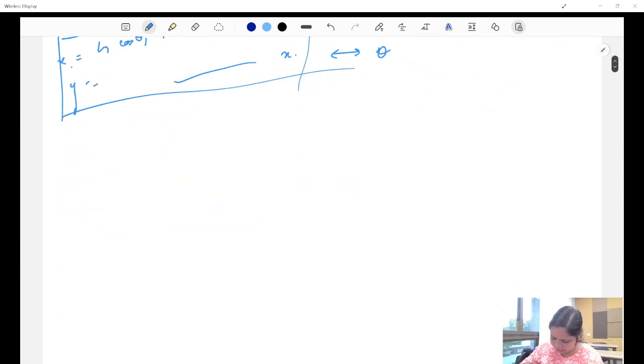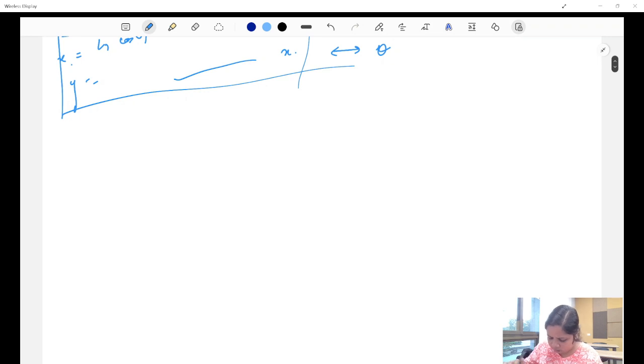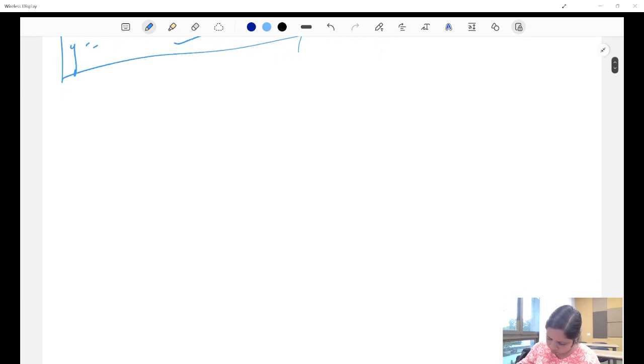So for the 2R manipulator, I just want to reiterate the things that we have done. Let's say here is my link and this is my manipulator. This is my x, y. This is theta 1 and this is theta 2.